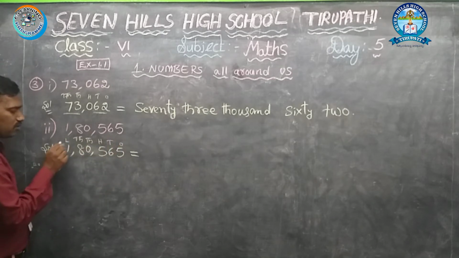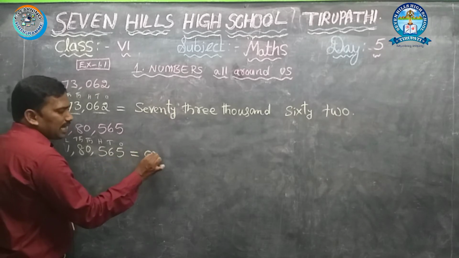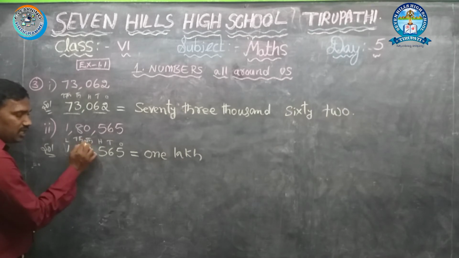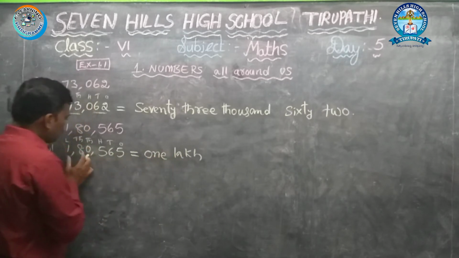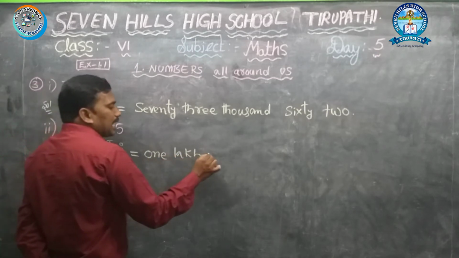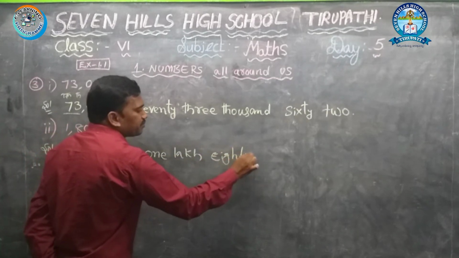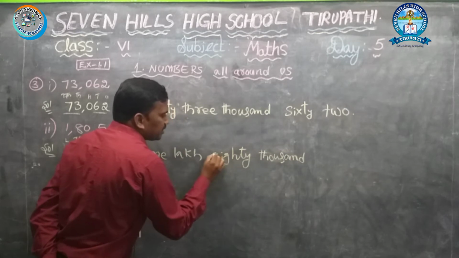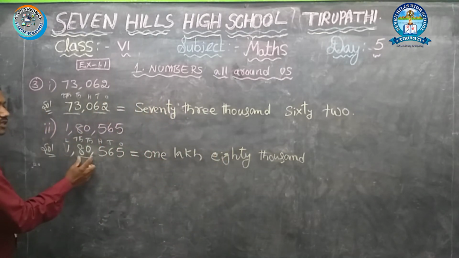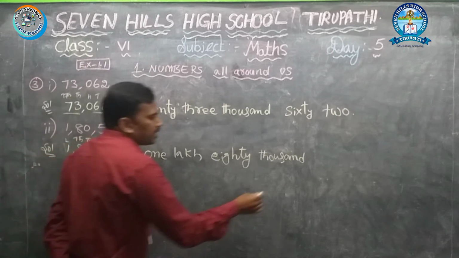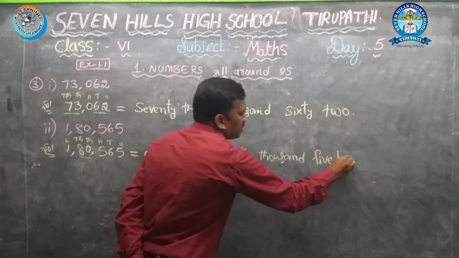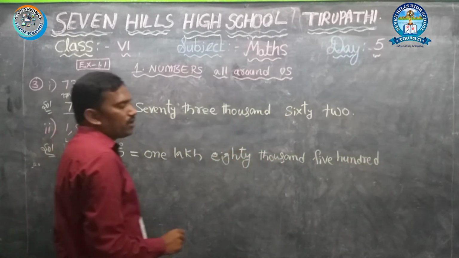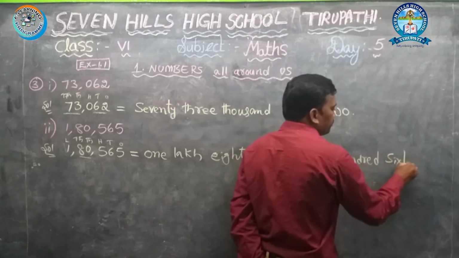Now 1 lakh, and 80 thousands together, so 1 lakh 80,000, then 500, then 565.